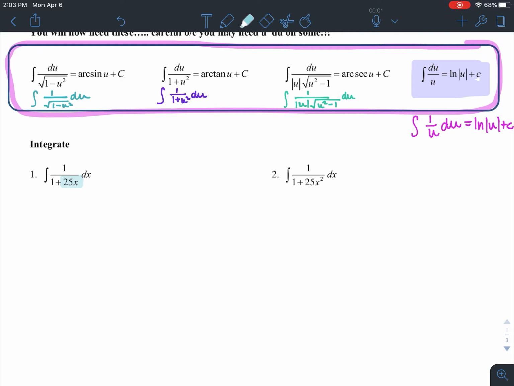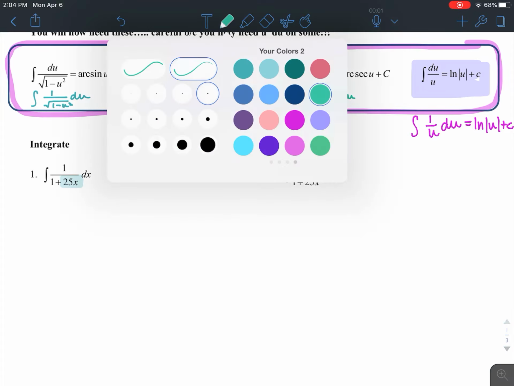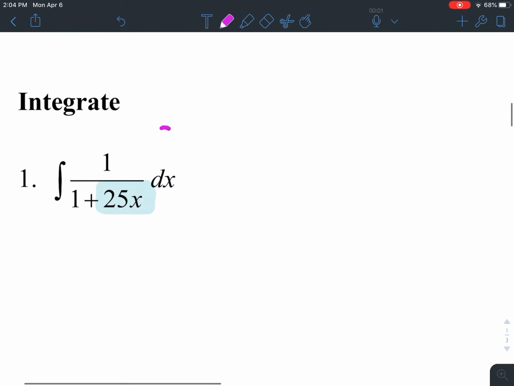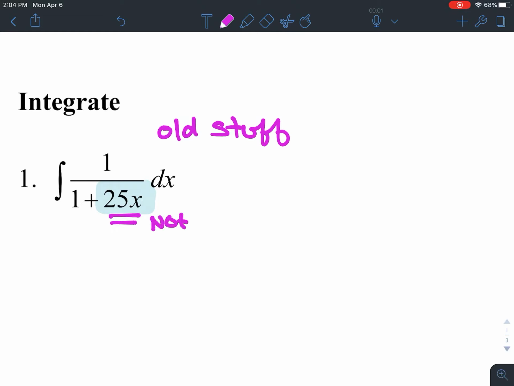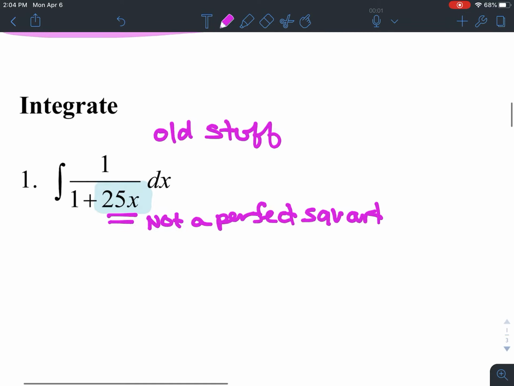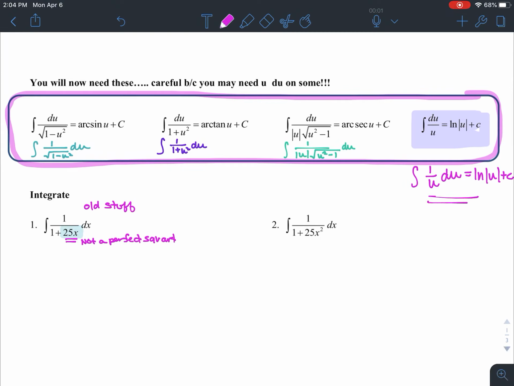That term, if I took the square root of it, would be 5 square root of x. That x is not a perfect square. So this is actually our old stuff. How do I know? Because this term is not a perfect square. So what do we have here? We have our last one.